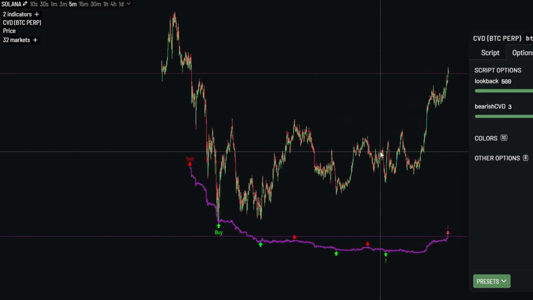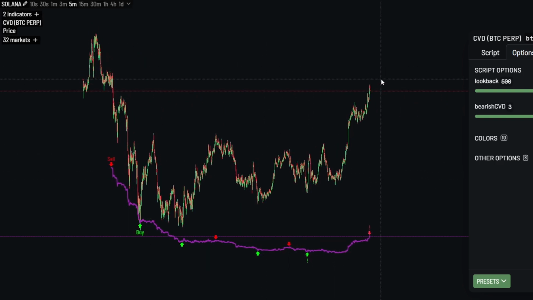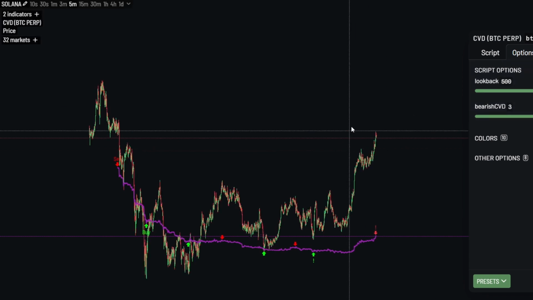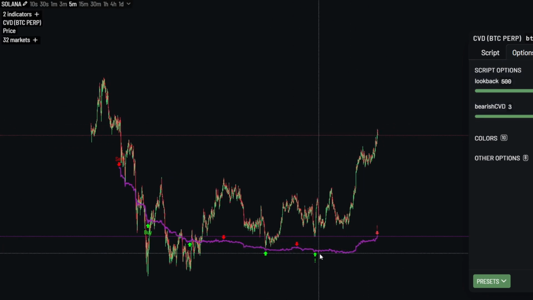Let's get a little closer on the 5-minute chart here. Let me reload. Okay, so on the 5-minute chart, guys, at the 500, which are the strongest signals that we get from KGT, we have a divergence here on the 5-minute, and we saw these higher prices. We also got a bearish signal on the 5-minute, but it's not convergent with the price action.